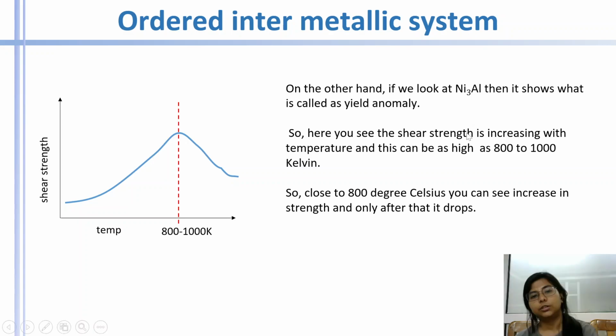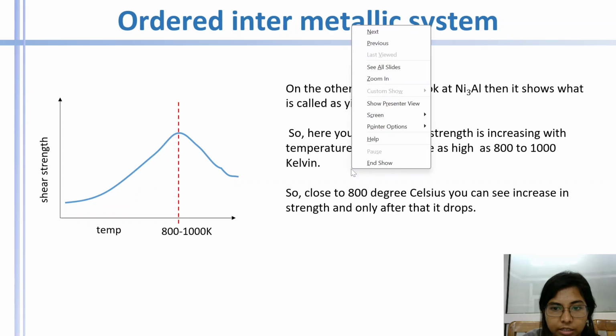If we look at Ni3Al, it shows what is called a yield anomaly. So here what we see is that the shear strength is increasing with temperature, and it can be as high as 800 to 1000 Kelvin. Close to 800 Kelvin, you can see that there is an increase in strength.